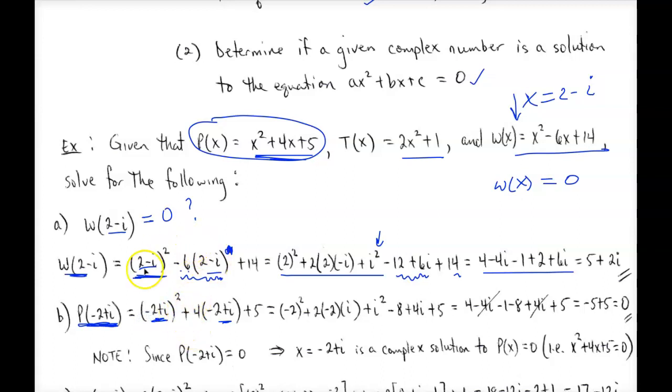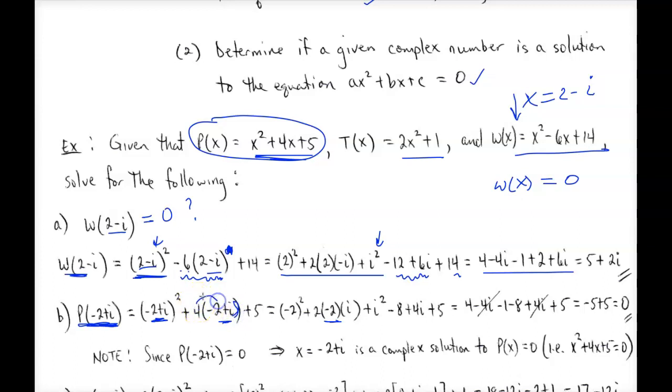We'll multiply that in the same way as we did 2 minus i squared. So here we end up getting negative 2 squared plus 2 times i times negative 2. And then for this last one here, there should be an extra parenthesis here.